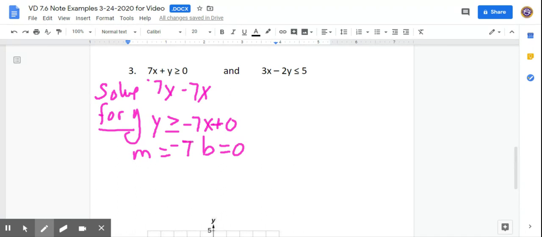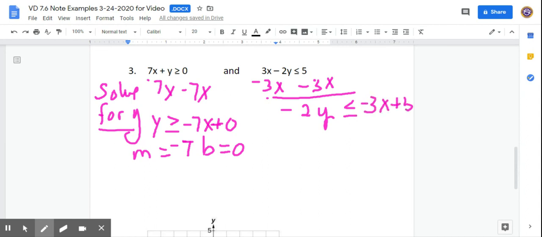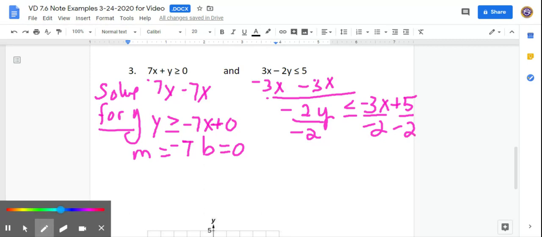Now we have to solve the next equation for y. So we're going to subtract 3x, and we get negative 2y is less than or equal to negative 3x plus 5. Now we have to divide by negative 2. Ding, ding, ding. When we divide by a negative number and there's an inequality, we need to flip that inequality.